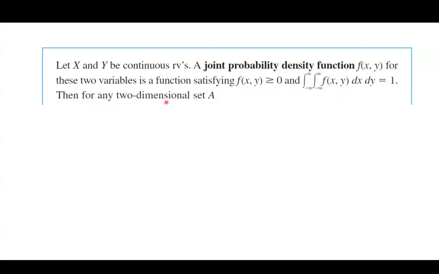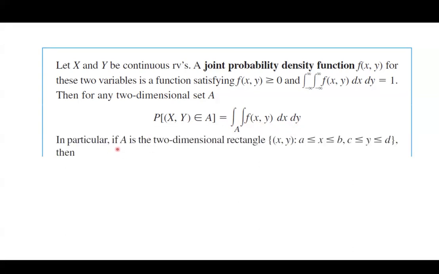Then, for any two-dimensional set A, the probability that x and y belongs to that set is the iterated integral over the set A of function f dx dy or dy dx, depending on the area that you're dealing with.